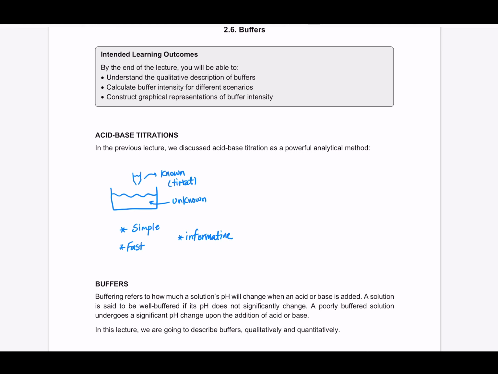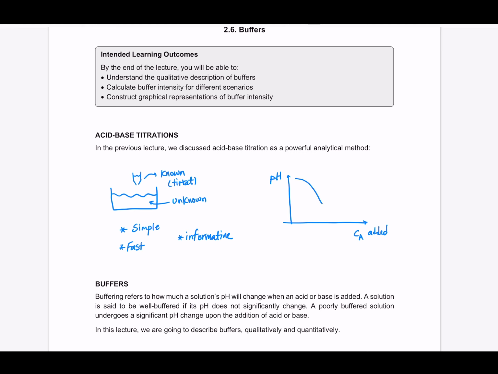Two quick types of information, as I mentioned, are the total acid and also the pKa. In terms of the graphical representation, we had the amount of acid or base added. We only cover adding strong acid or strong base. And what we were monitoring was basically the pH.